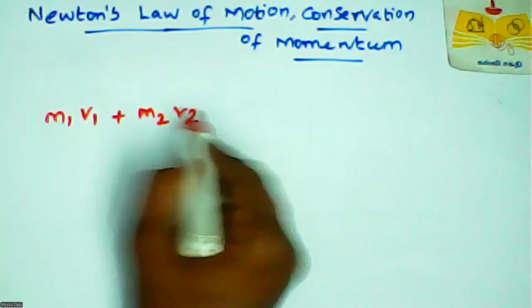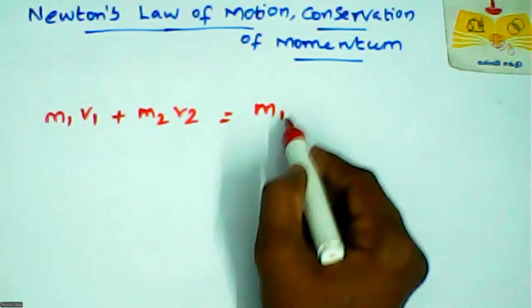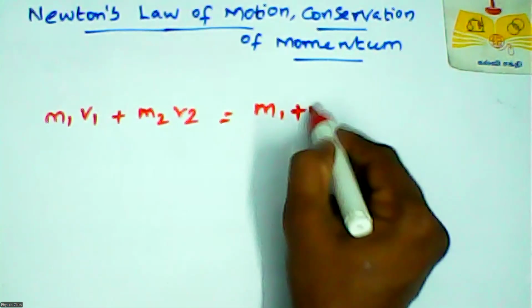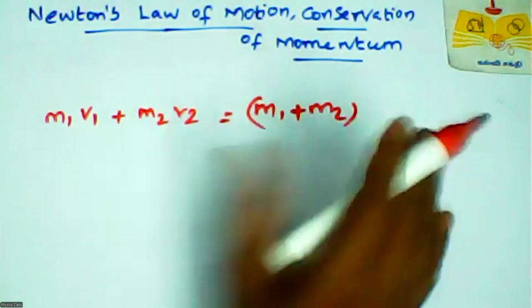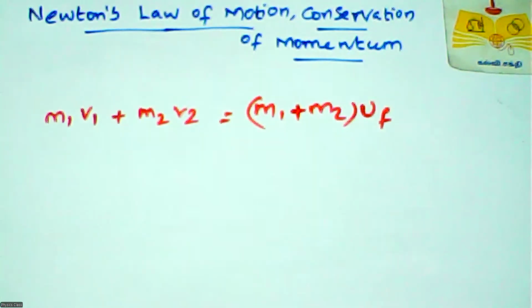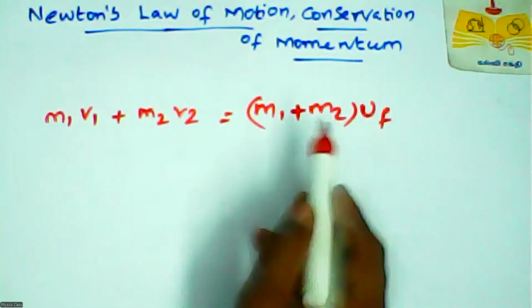After the collision both masses become the combined mass m1 plus m2, moving with the same velocity, vf.